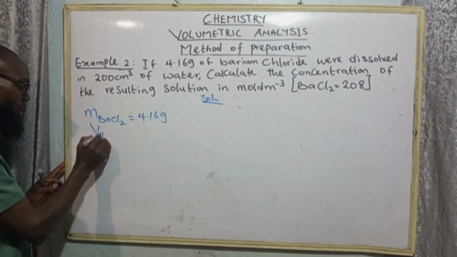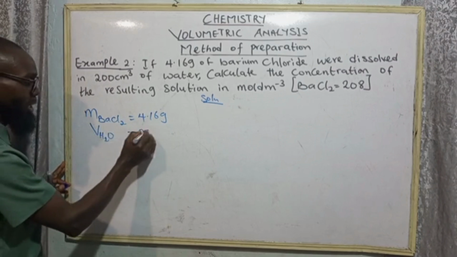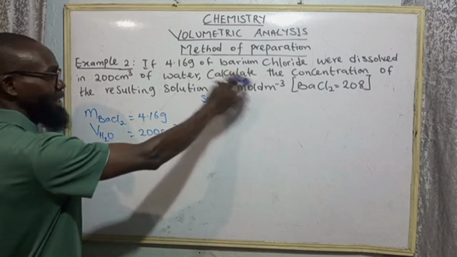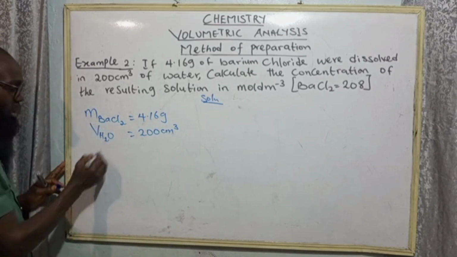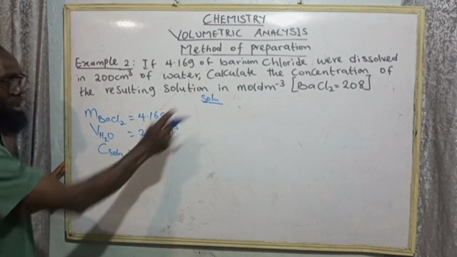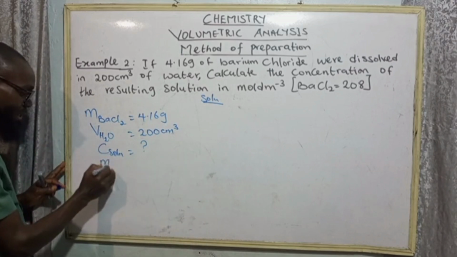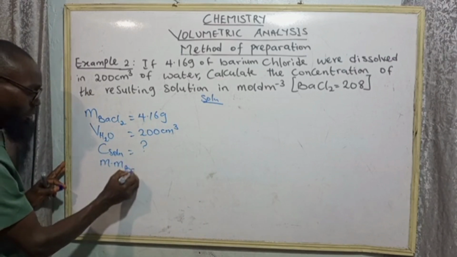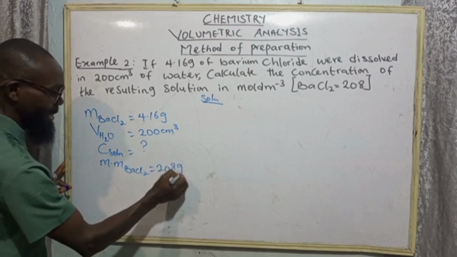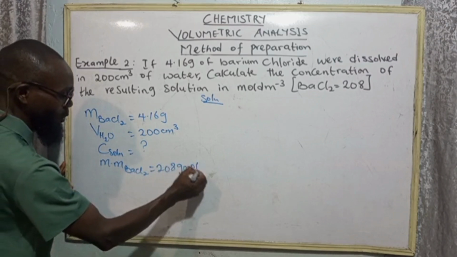The volume of water is 200 cm³. Then calculate the concentration of the resulting solution. The concentration of the solution is unknown. Don't forget, we are given the molar mass of barium chloride to be 208 grams per mole.